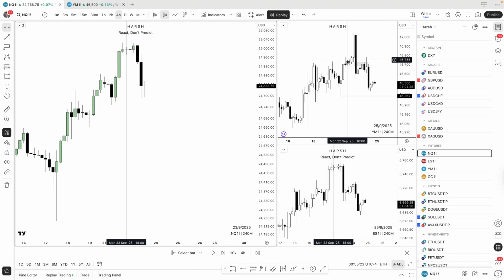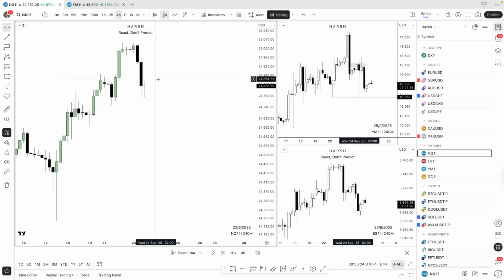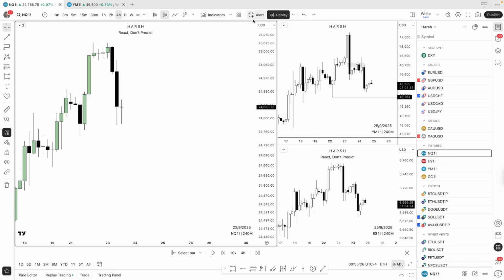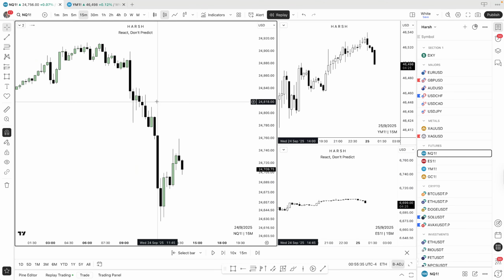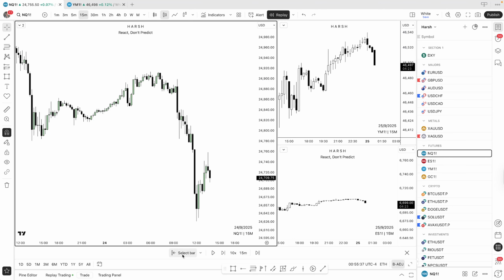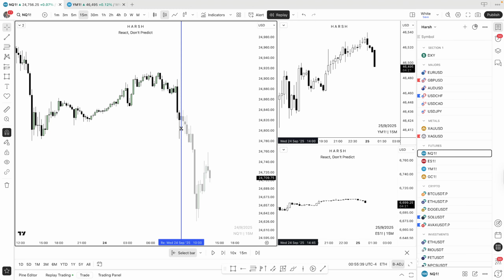You can see how well we created divergence. So once we came to that area, let's take a look at how I took the trade, okay? Let's go on to 9:30.